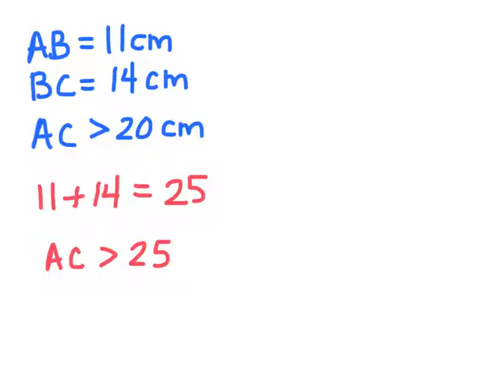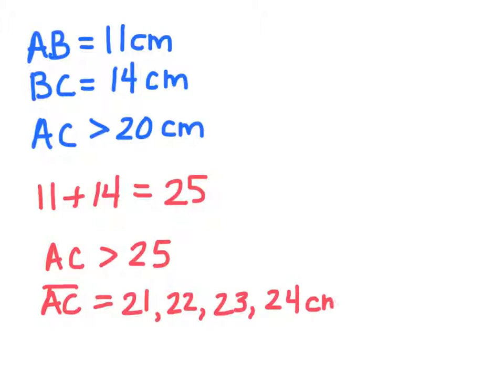Because if it's 25 centimeters or more, it will be too large to have a triangle be formed. Let's reiterate that. AC must be greater than 20 and less than 25. So the possible lengths of line AC are 21, 22, 23, and 24 centimeters.